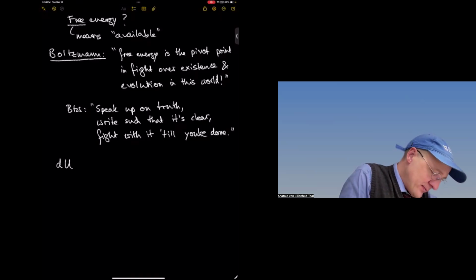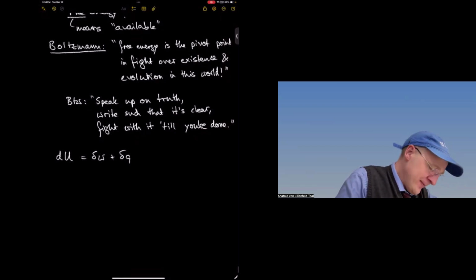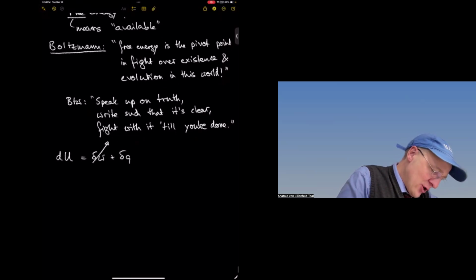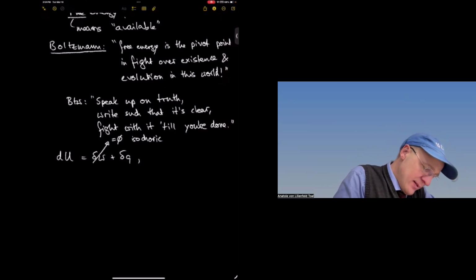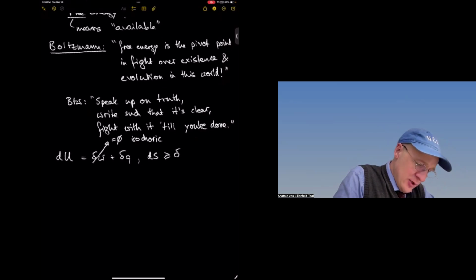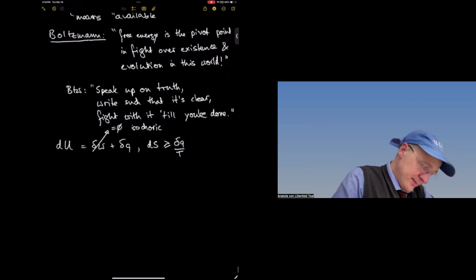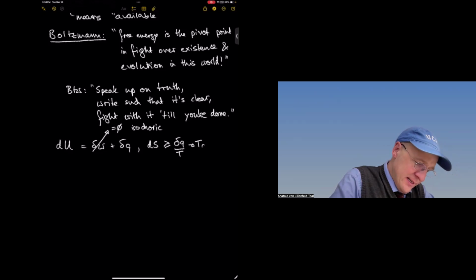So now, two quotes by him, and now let's get going. So dU is, and again, that's just the first law. And now we go isochoric, so our volume work is not happening. Now, dS is larger or equal to dq over T, and from that, of course, T dS is larger or equal to dq.